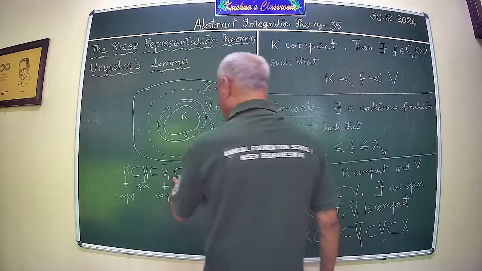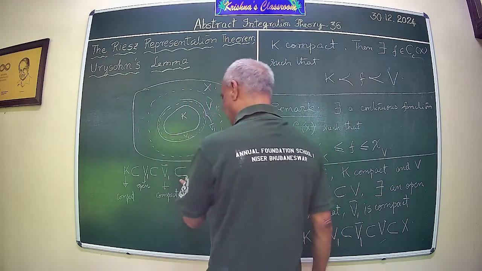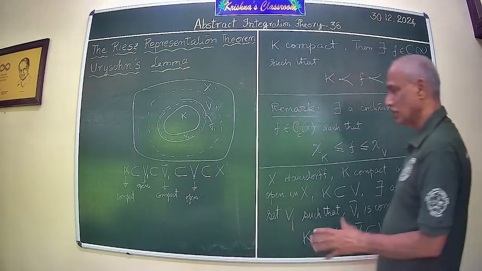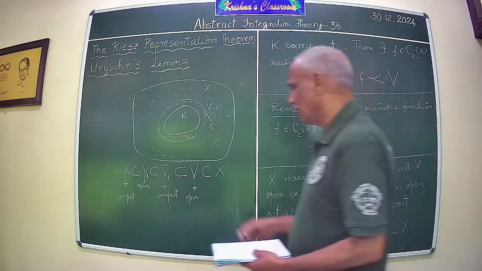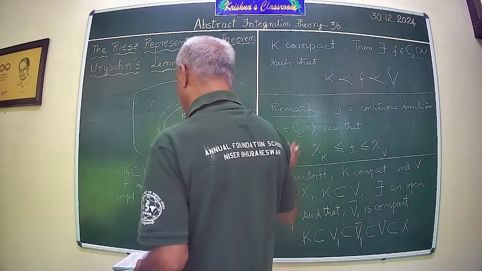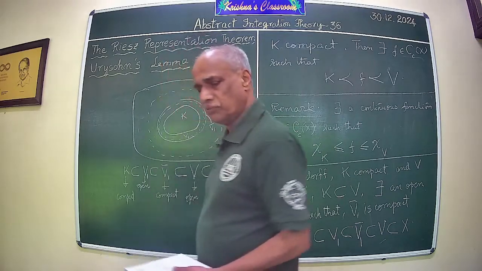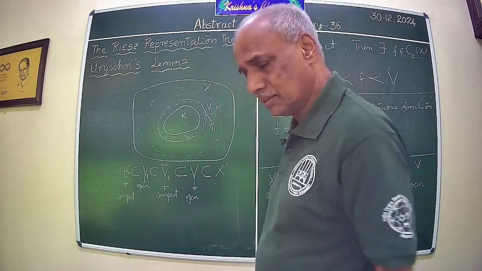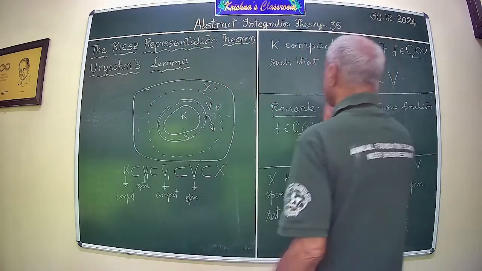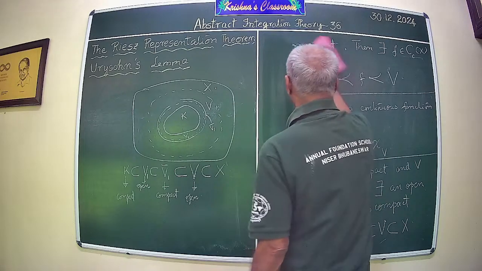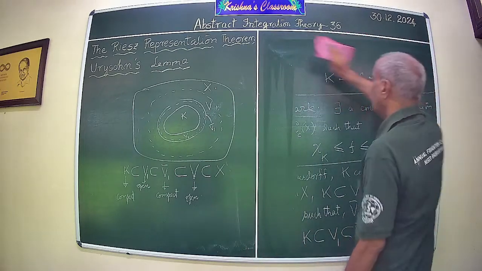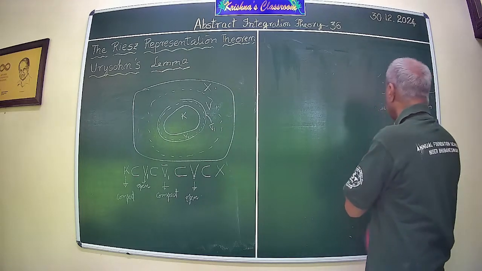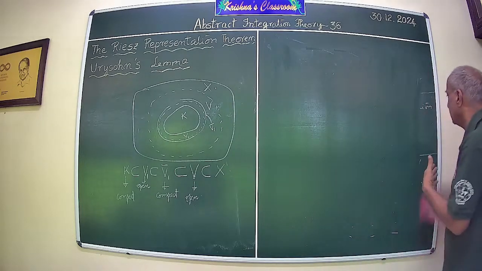V2 is open, V2 closure is compact, and V2 is contained in V. This kind of result you can apply repeatedly, and this is crucial in the proof of the theorem. Now let us see how we are going to prove this result, or what we expect. Just give a more visual, clear picture of this result.